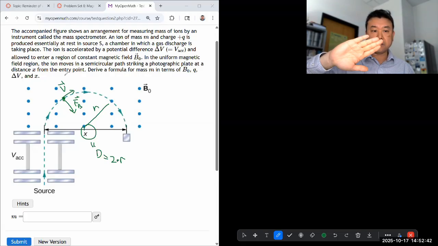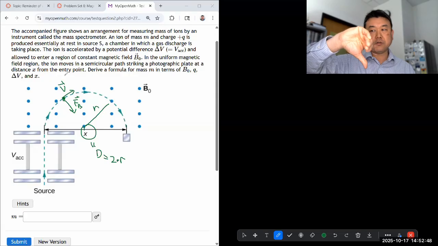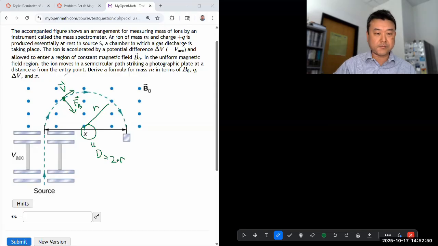Yeah, v cross B, and the thumb is pointing right and lower. So it's a positive ion, right? You might not say, but it's a positive ion. Let me double check from my perspective. Yeah, positive ion.